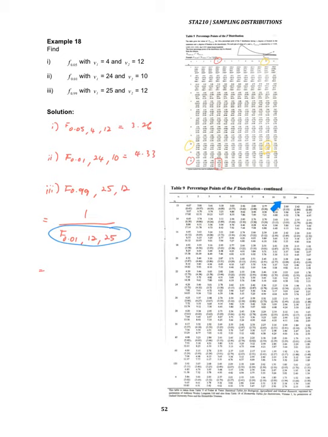So 12 kat sini kita ada 12 and then 25. 25 should be between 24 and 26. Antara dua ni lah. So value tu tak ada. So apa yang perlu, kalau ada, kita boleh interpolate lah. So means that kalau 0.01 adalah value yang ketiga, betul tak?